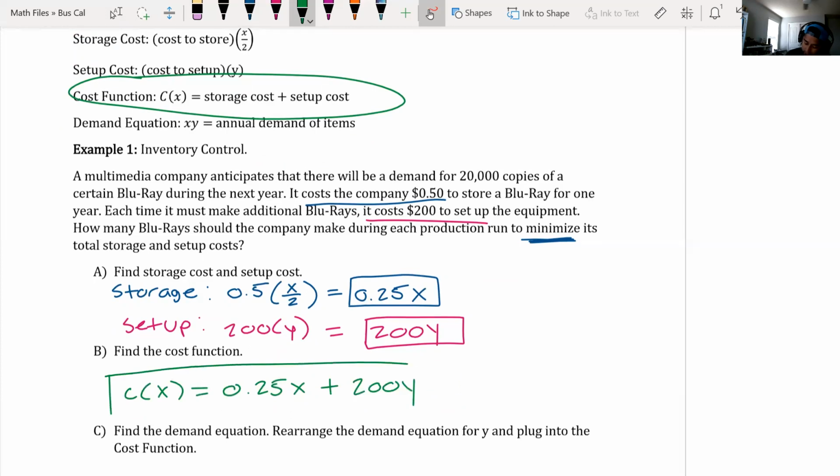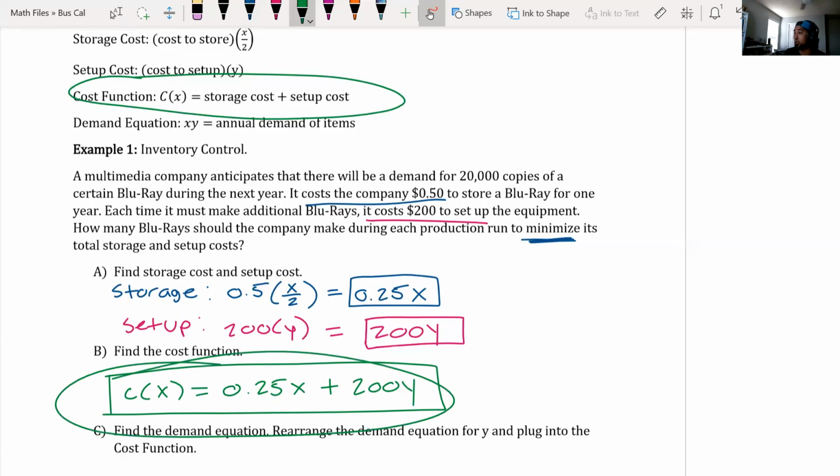There's our cost function. Okay, and now our job is to minimize storage and setup cost. So what we want to do whenever we minimize, whenever we optimize, is we're going to take the derivative of this cost function. But we can't take the derivative yet because of that pesky y again.